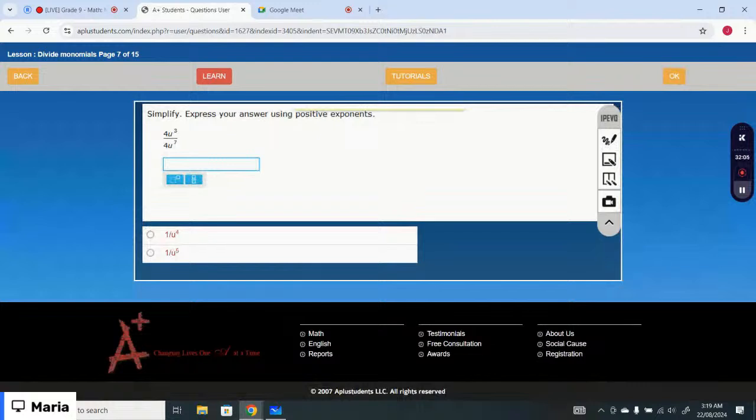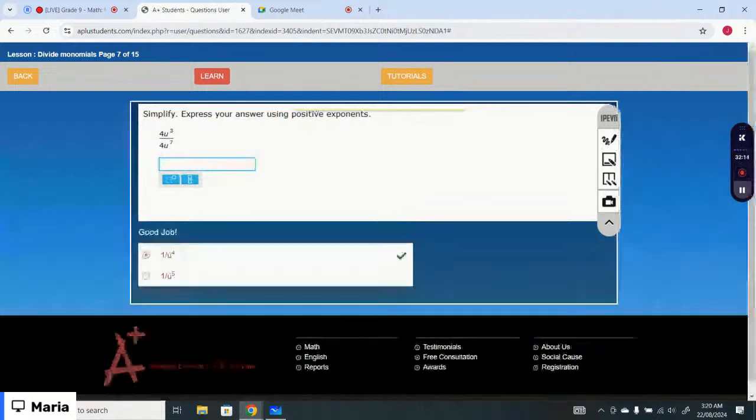The correct option is option number 1. 1 divided by u 4 is the correct option.